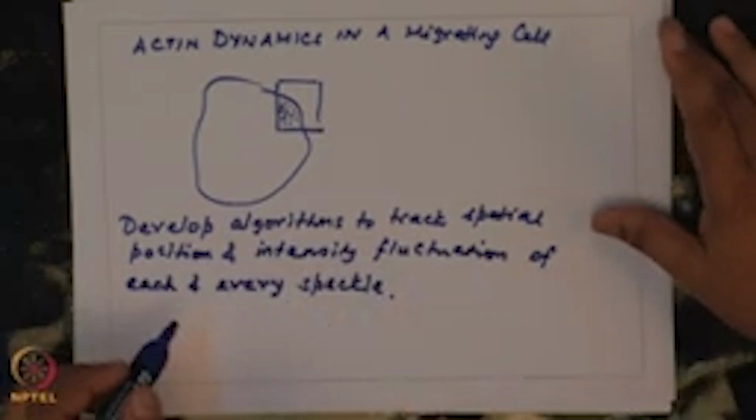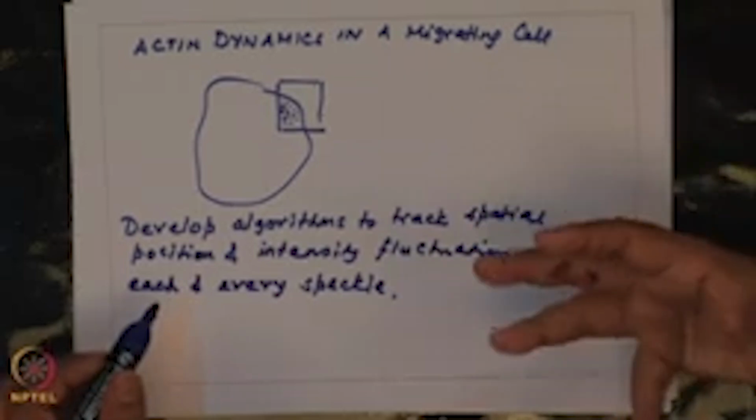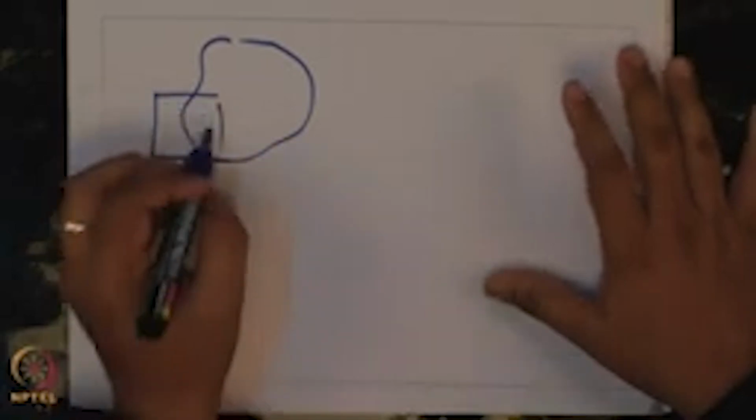So, there are authors. Gaudenz Danuser is a mathematician who has significantly contributed to the development of fluorescent speckle microscopy. Now the question is, if you do this speckle microscopy, what is the nature of the movement of the speckles? Let us say that this is a cell and you are looking at this edge of the cell. Instead of plotting the speckles, I will plot the overall motion of the speckles.